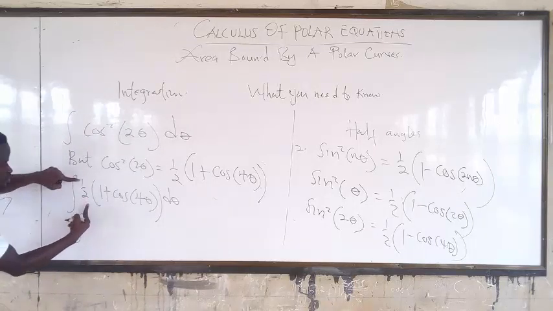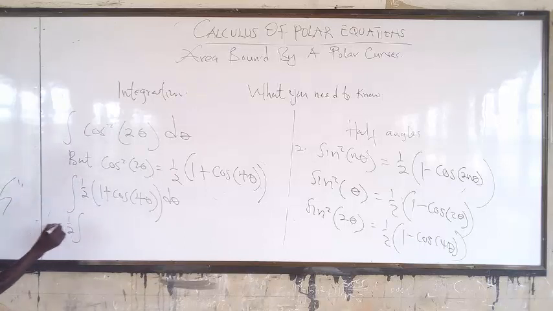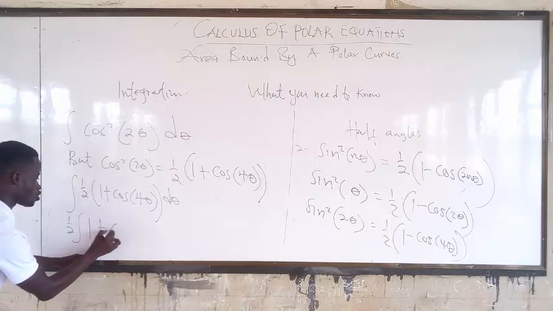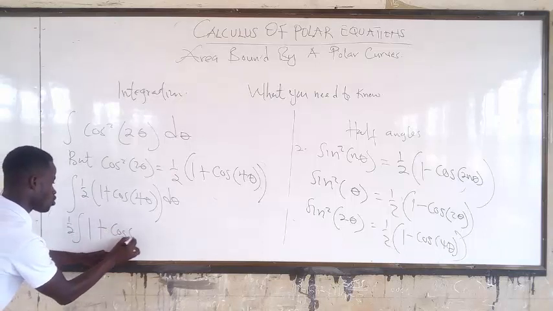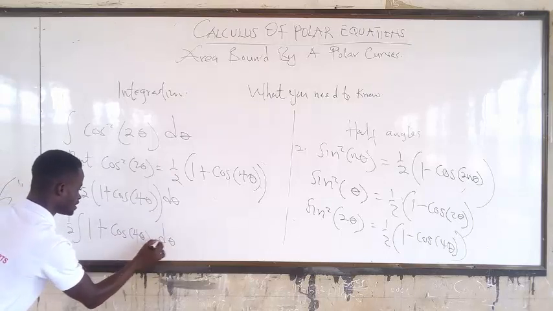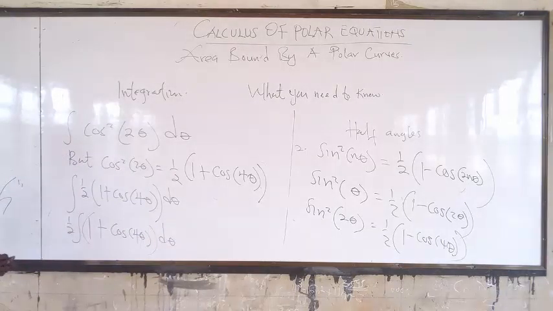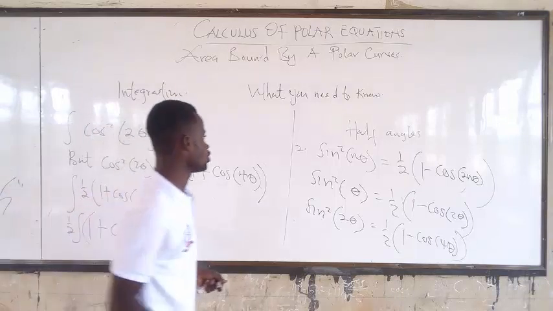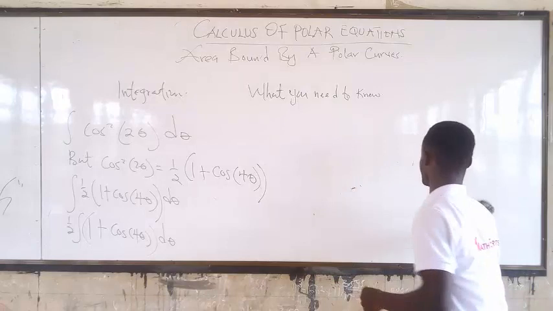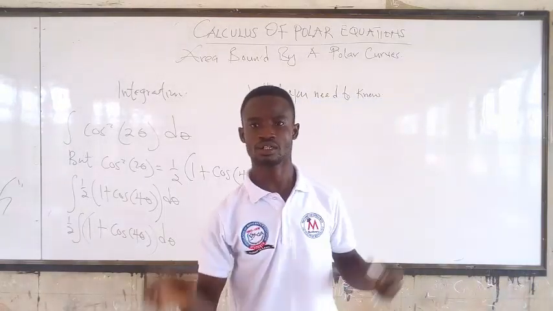You can even bring the half outside, so you have 1 plus cos 4 theta d theta. I just want to help you so that when we get there, we will not waste time.